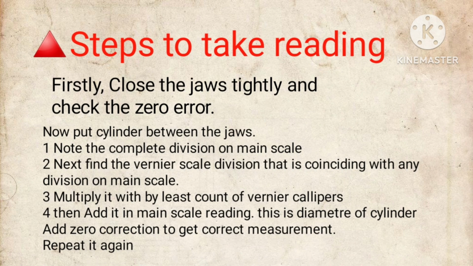If the error is negative, then you can add it, and if the zero error is positive, then you can subtract the value of zero correction. Repeat this process one to three times to get the correct value of the diameter of the cylinder.